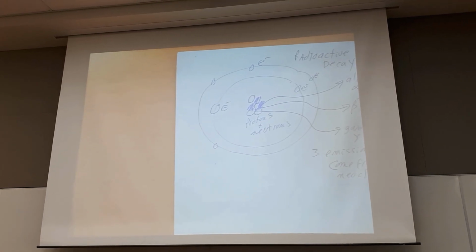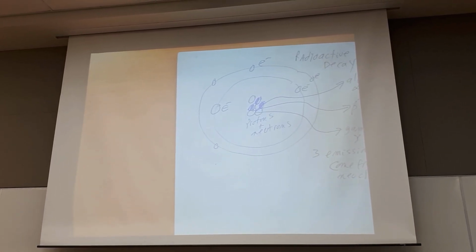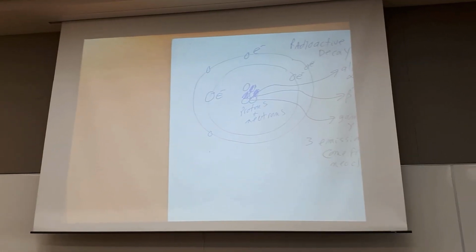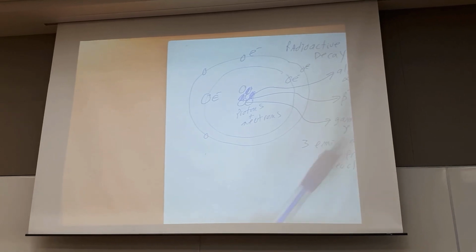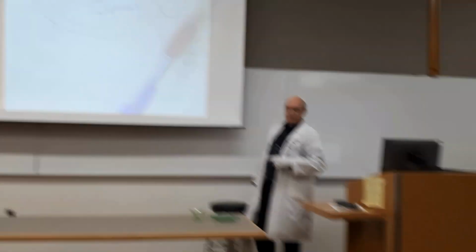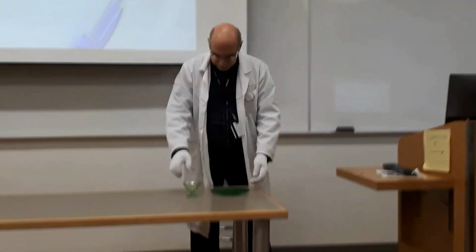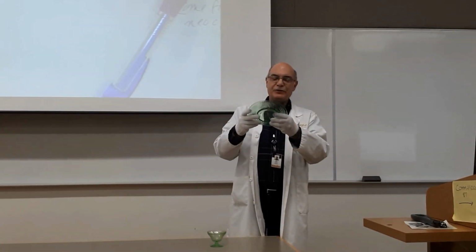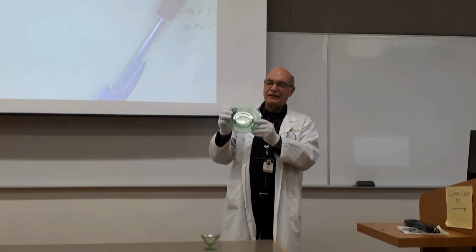I just have a paper here with me. I have here, showing to you here, 2 kinds of items. You can see this, the greenish color. This is uranium glass.